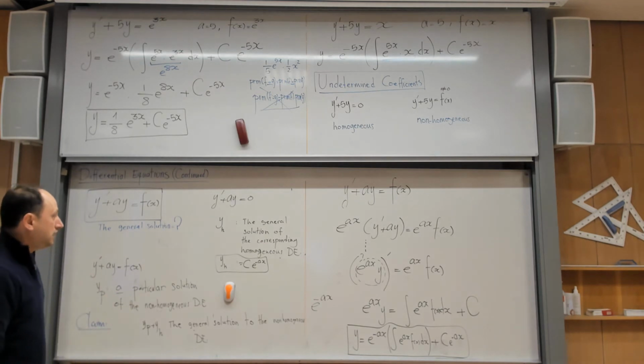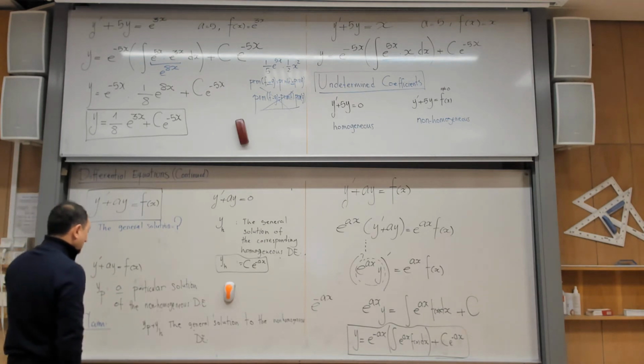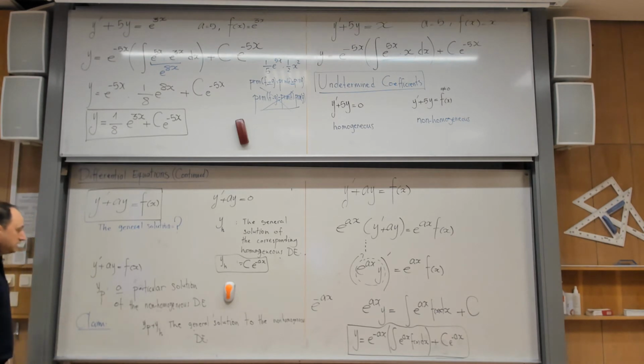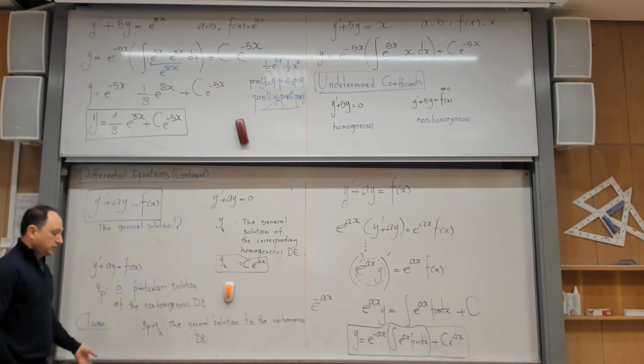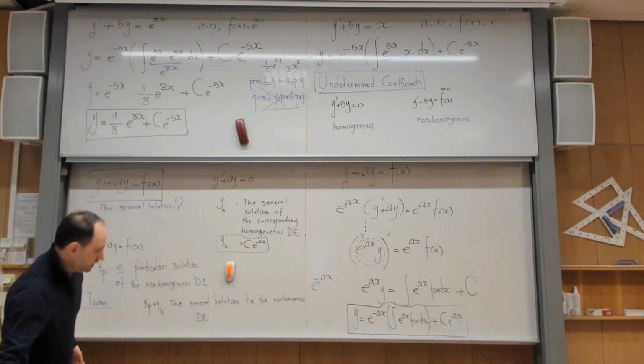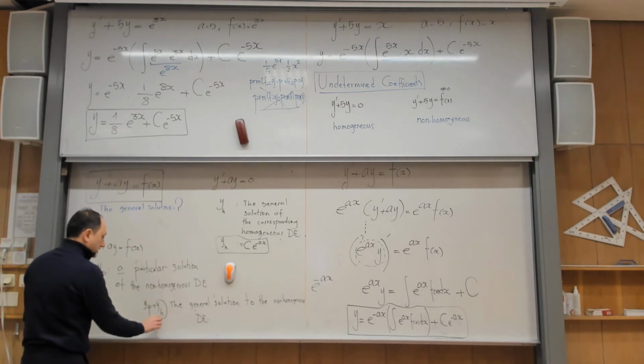Okay. So now we want to somehow convince ourselves that this claim is indeed true. I'm claiming that this is the general solution. But you know what this is partially, because you know the formula for this part.